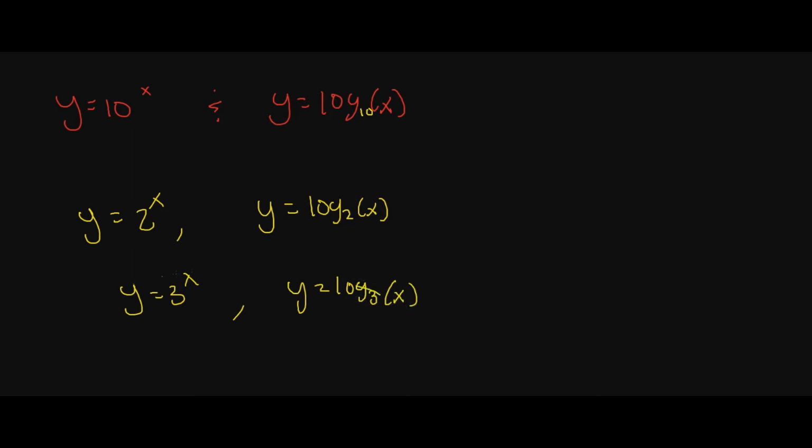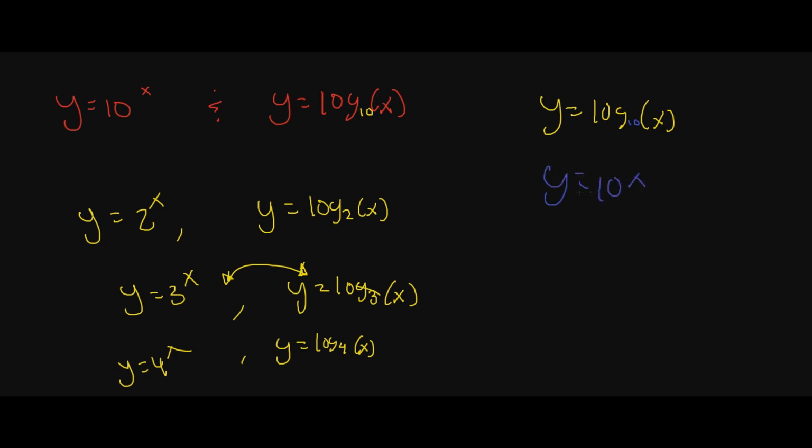That's how we define it in mathematics. Anytime we have y is equal to 4 to the x, my inverse is going to be log base 4 of x. But anytime it just says log of x, we assume that there is an invisible 10 there, and that means it's the inverse of 10 to the x.